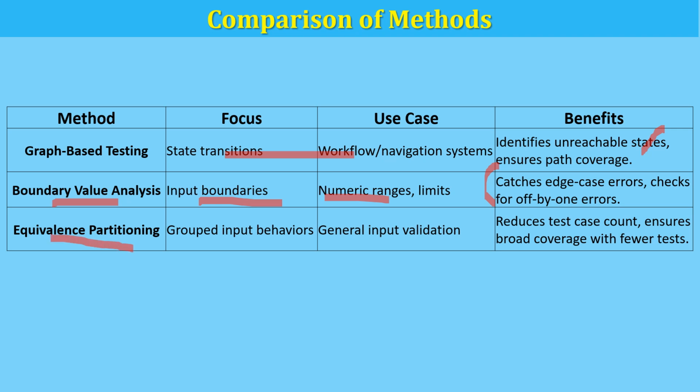Equivalence class partitioning is the most beneficial when you have large input domains and want to minimize the number of test cases. By grouping inputs with similar behavior together, you reduce redundancy in testing while ensuring the key behaviors are covered. The real power comes in combining these methods: graph-based testing for state transitions, BVA for boundary conditions, and ECP for general input validation.